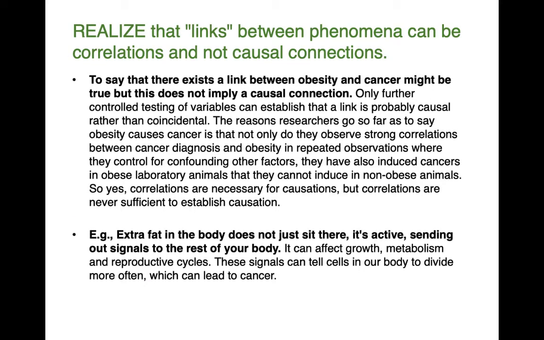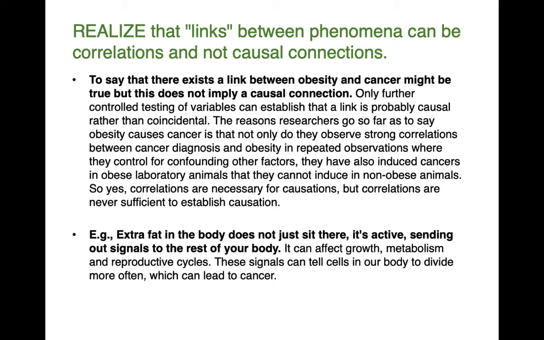Realize that alleged links between phenomena can be correlations, but not causal connections. That term link is vague, unclear. To say that there exists a link between, say, obesity and cancer might be true, but this implies no causal connection.